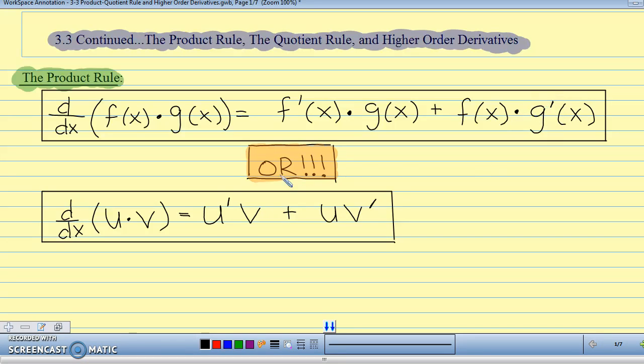In simpler words, let's say we have two functions u and v. It's the derivative of the first function times the second function plus the first function times the derivative of the v function. I'll show you some examples in a bit so that this can make more sense.